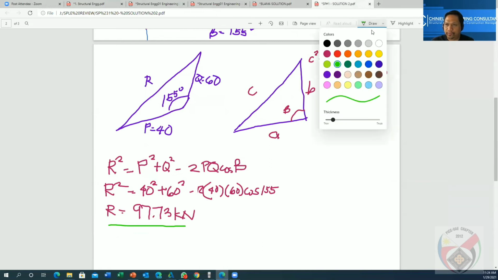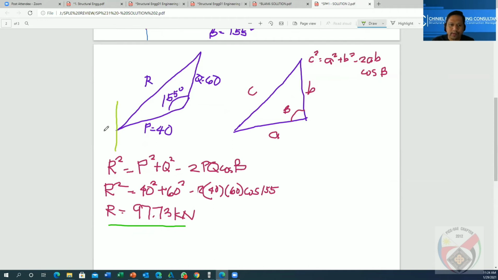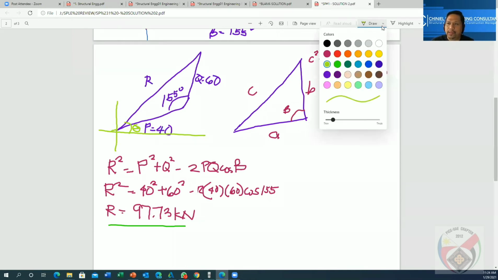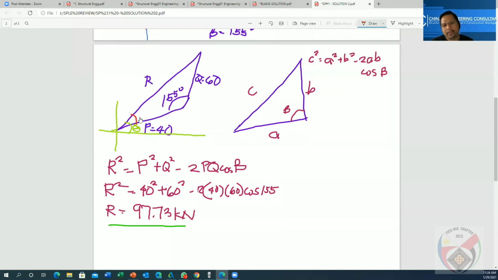So from this diagram, our reference is horizontal. So this is the angle, right? We will call it theta. This angle. And we will call this angle alpha. Okay? And this P is 20 degrees, right?